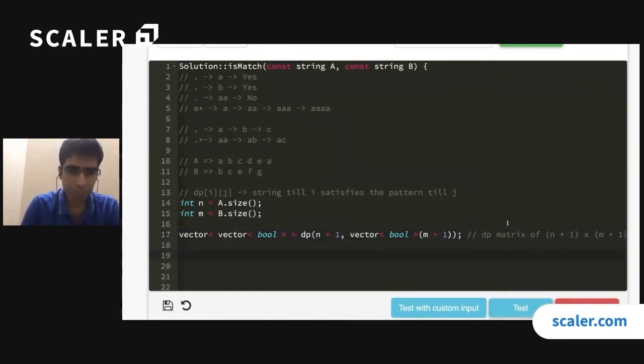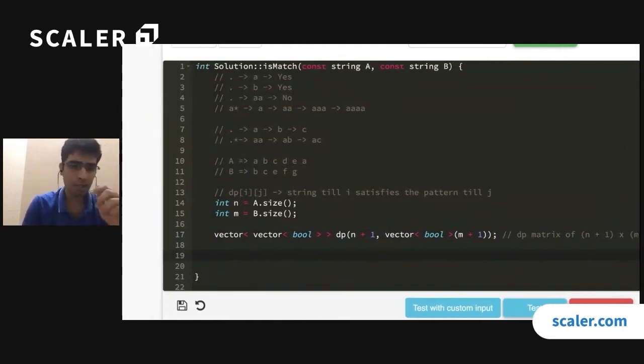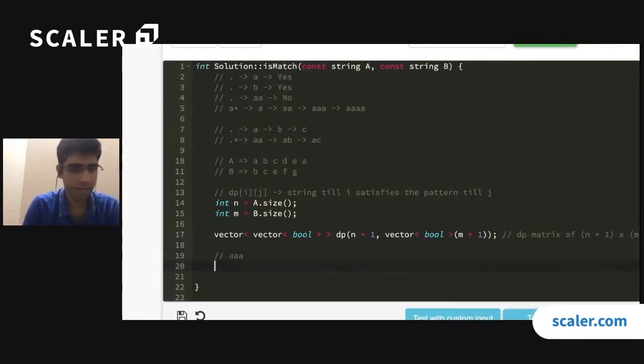Great. Let us talk about two strings. Let us say that we have a string like this, and this is my pattern. When there is nothing in the pattern and nothing in the string, does nothing match nothing?